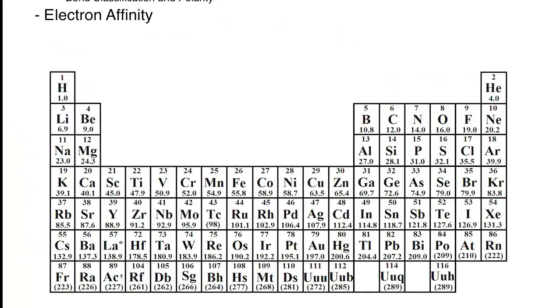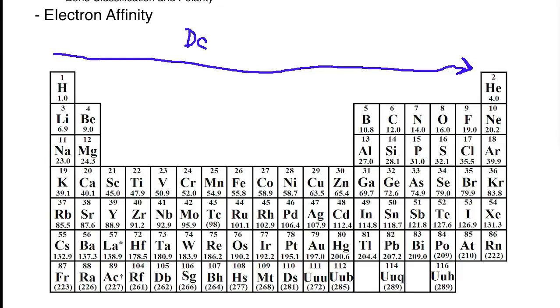Alright, so now that we've cleared the board here, let's take a look at the atomic radius trends. The general trend that you're going to see is that the radius, as we go from left to right, is going to decrease going this way. We'll talk about why in a second.